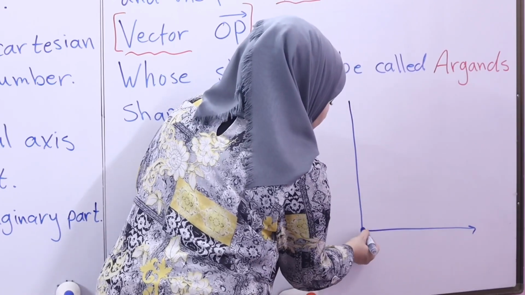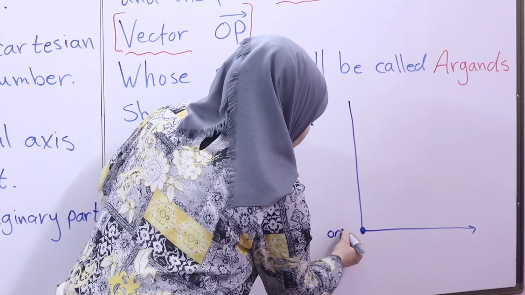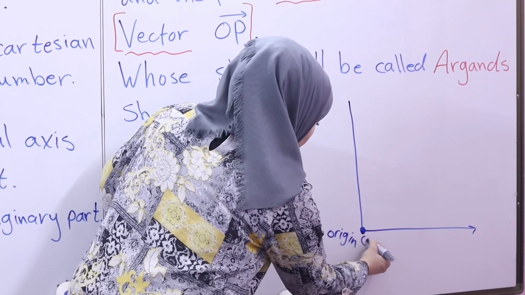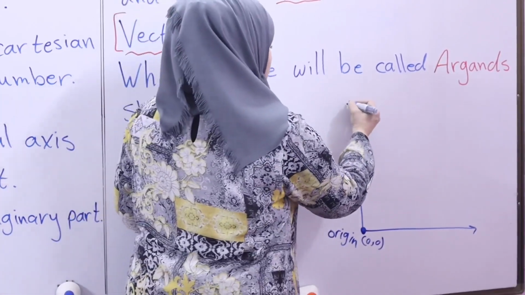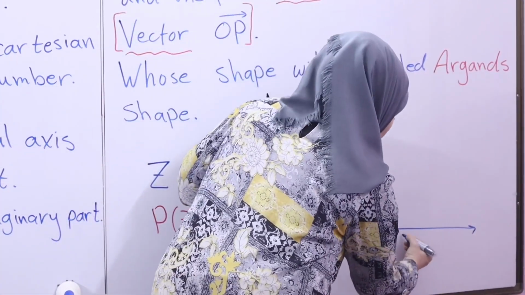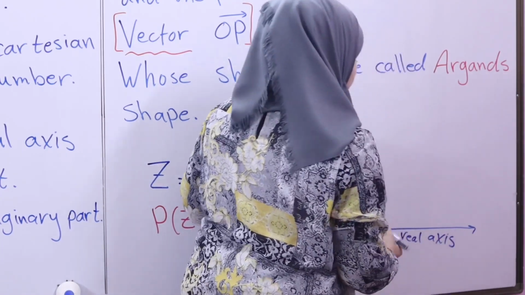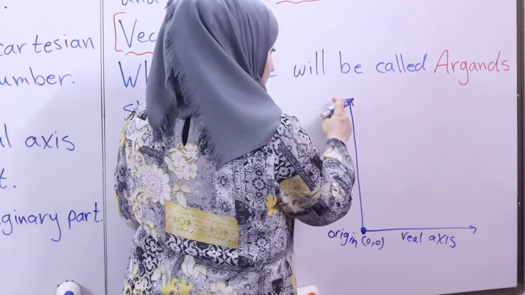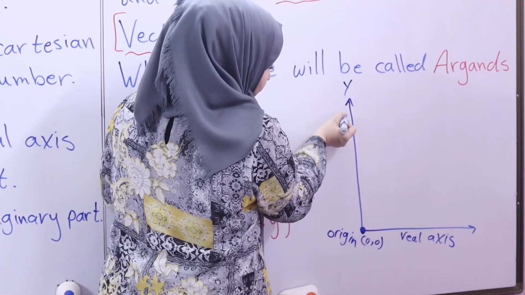So this represents the origin point, whose coordinates are 0, 0, and this represents the real axis, الإحداثي الحقيقي, and this represents the y-axis, the imaginary axis.